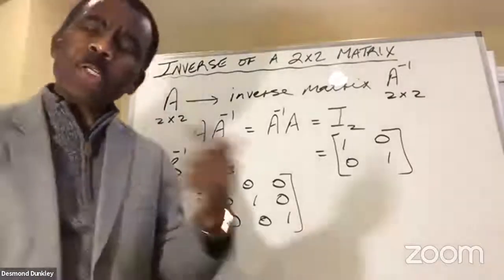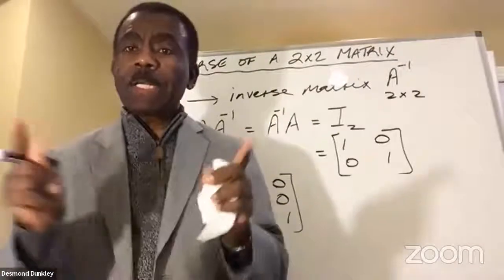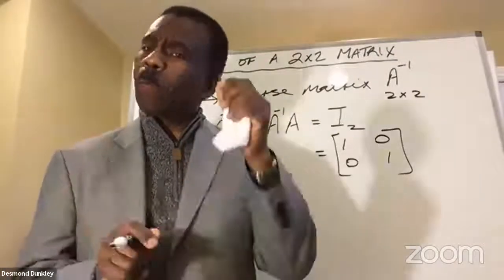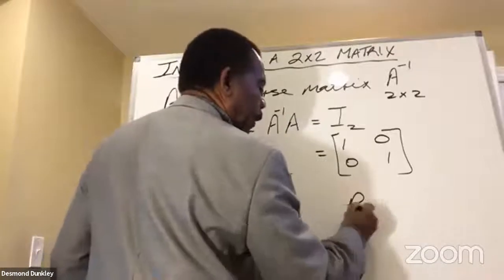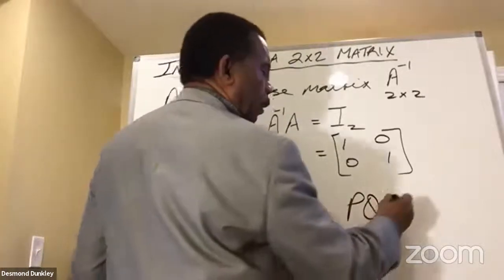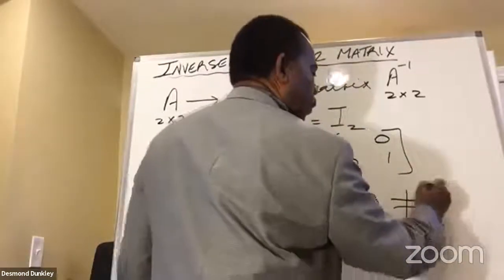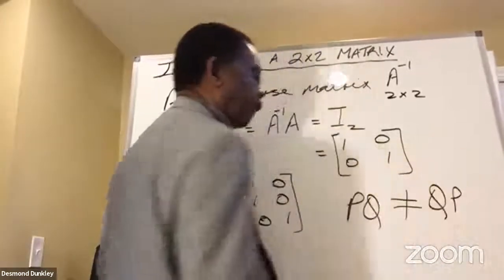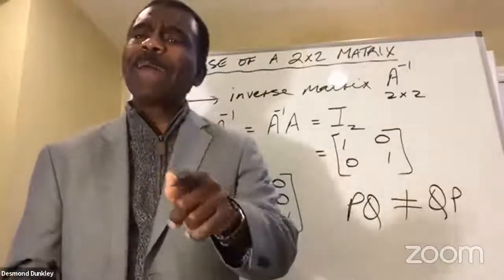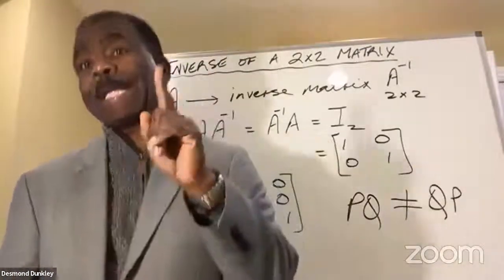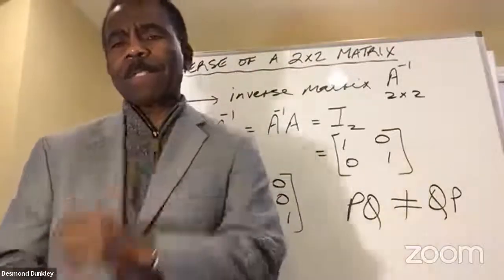Now, the last time we were together, we discovered that matrix multiplication is not commutative. What does that mean? What we discovered is P times Q is not equal to Q times P. But now I'm going to share with you, except if P and Q are inverses.